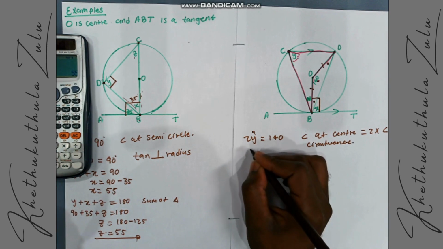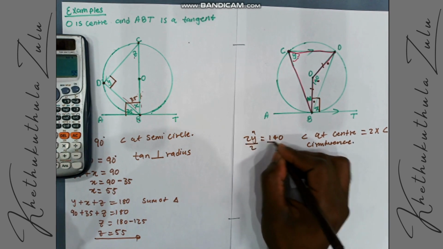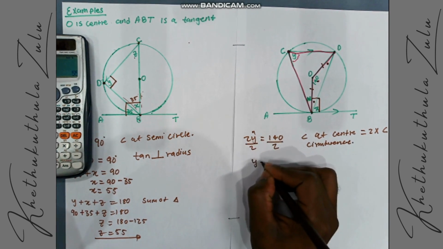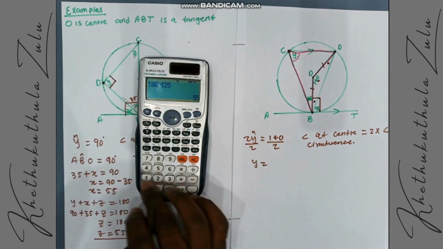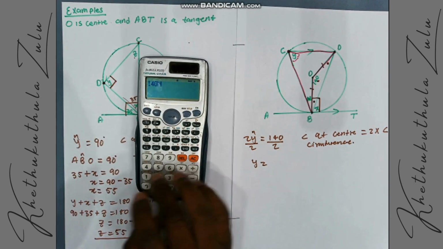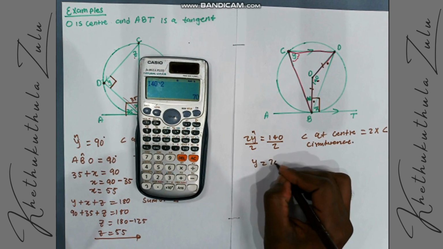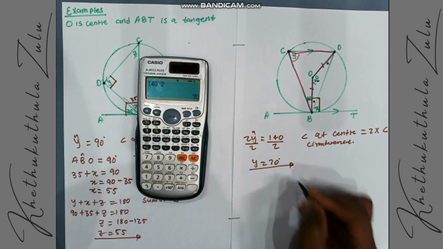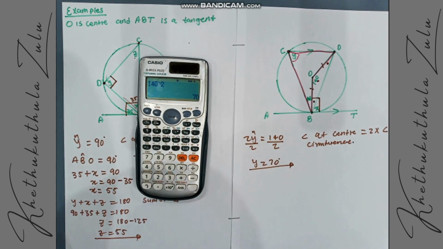Then divide by 2, y is equal to 140 divided by 2, which is 70, easy from what we just analyzed in our diagram. I hope you see that one.